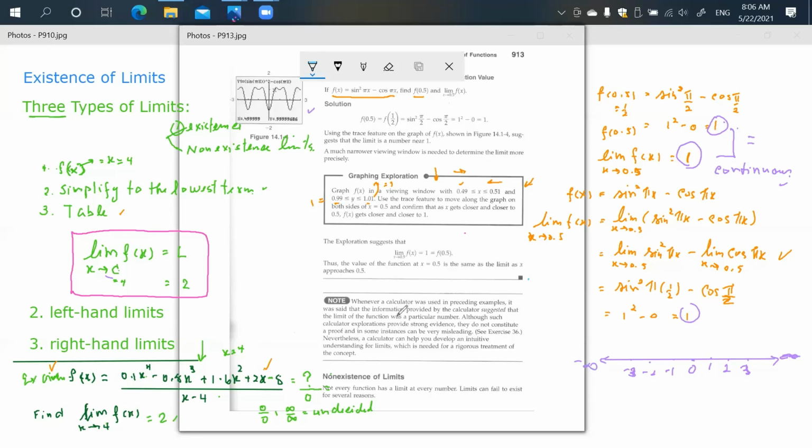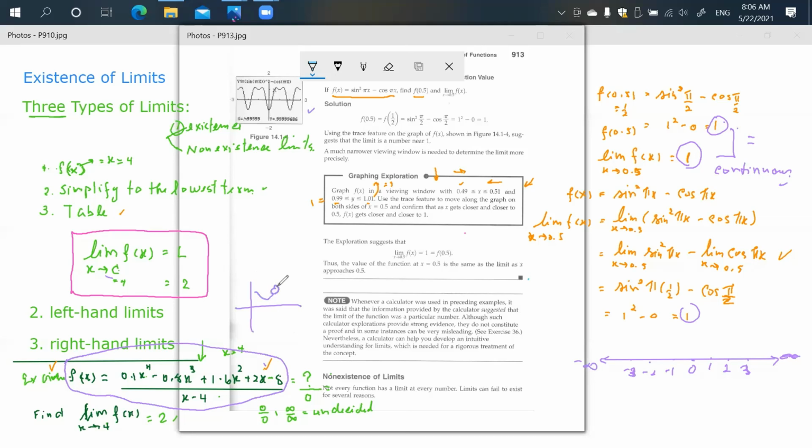But remember, come back to the first example here. This one is a discontinuous function, because when you plot the graph, it looks somehow like this, right?